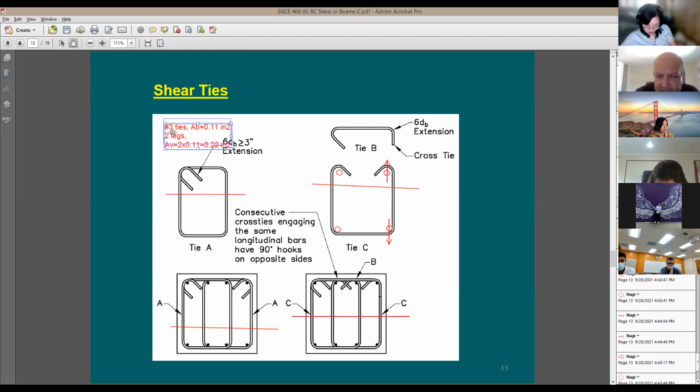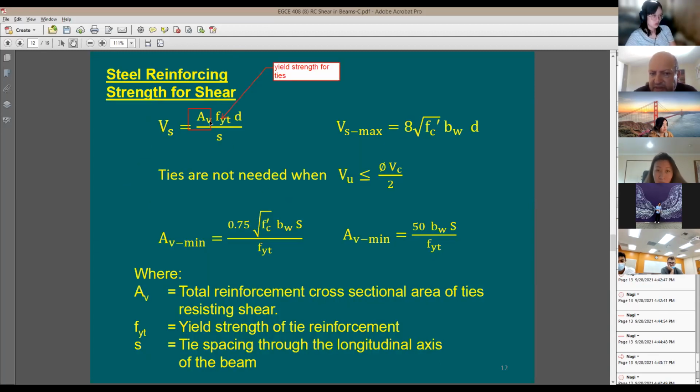So in this case, you can have your number 3 ties, A sub b for 1 tie is 0.11, I have 2 legs, and your A sub V is equal to 0.22 square inches. This is the A sub V that you're going to use in your design in this equation. And S, of course, is the spacing in inches.